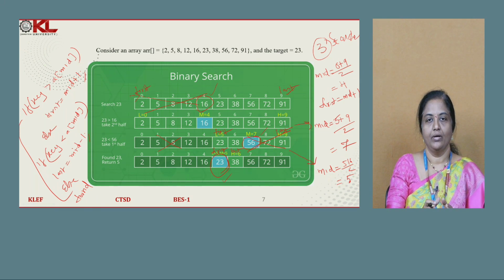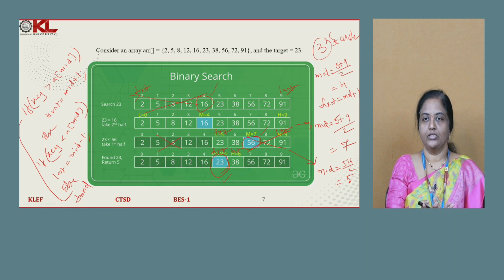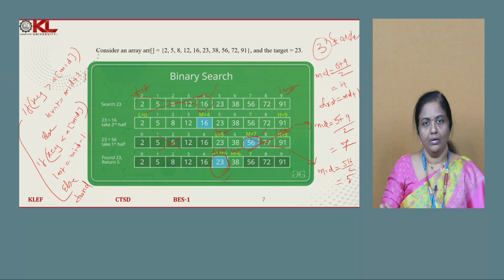Every time it finds the mid, the simple formula to find the mid is first plus last by 2. It finds the mid and only compares the value with mid. If the target is less than the mid value, eliminate mid to last for further search.